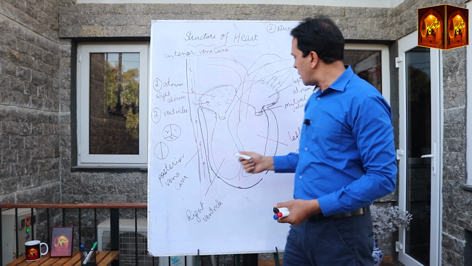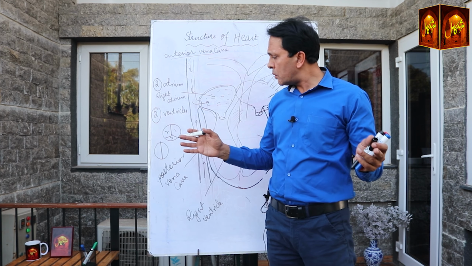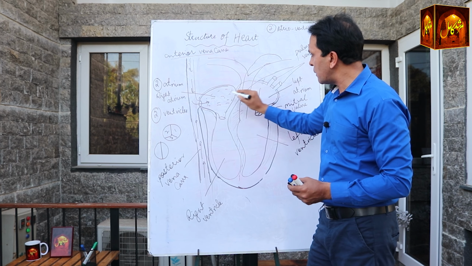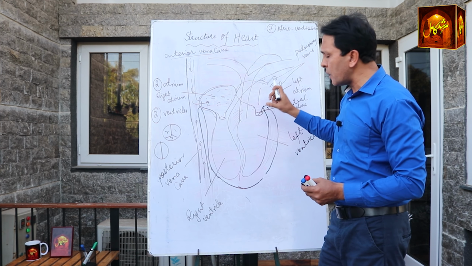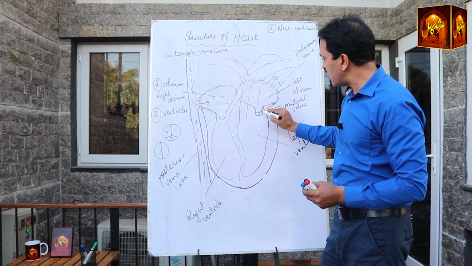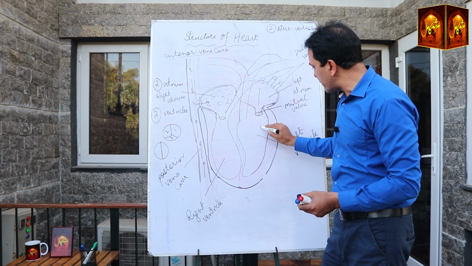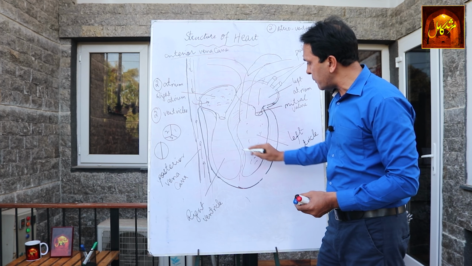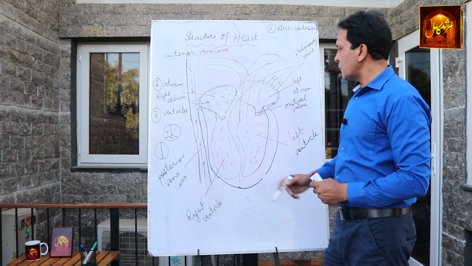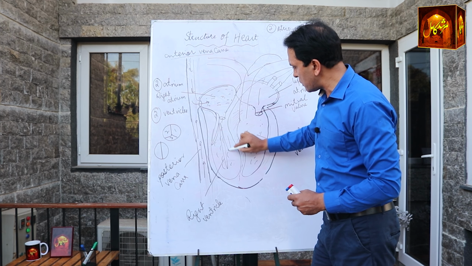The same is the case with this side of the heart. So when this atrium contracts, pressure will increase and these 2 flips get open and blood will enter into left ventricle.